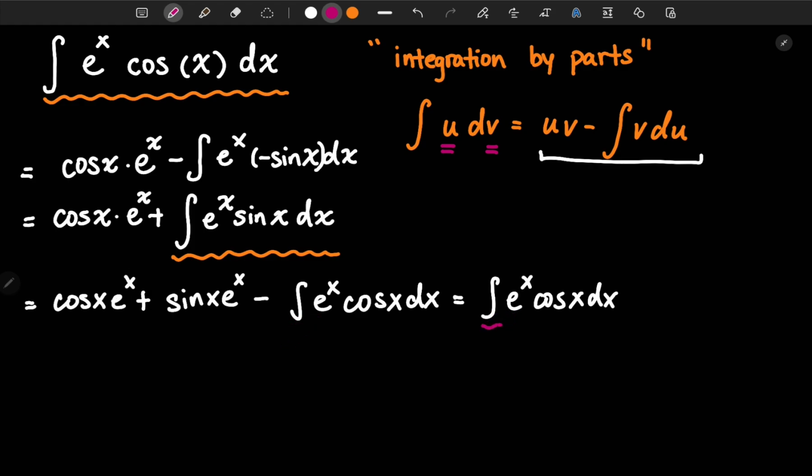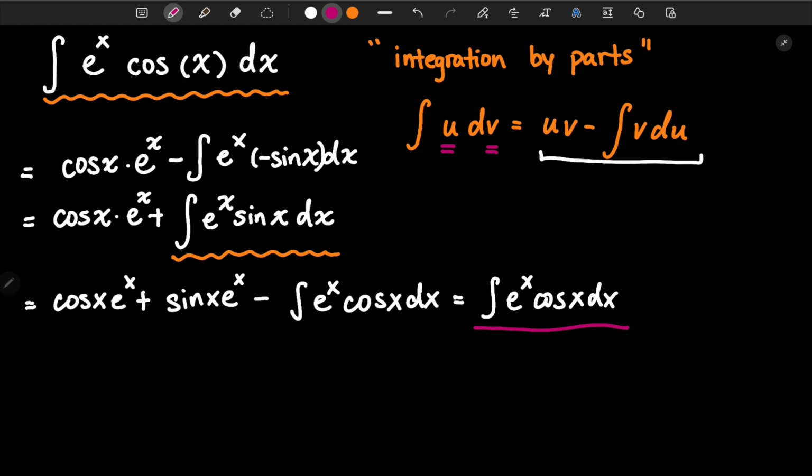It's because our question is on the right side, and this part is also what we want to calculate. So now you see this part of the function happens also on the left side.